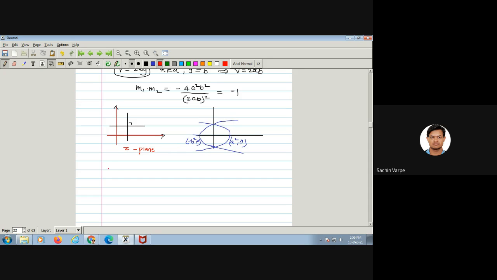Is this clear to everyone? That conclusion is: the two straight lines in the z plane which are perpendicular are mapped to two parabolas in the W plane.